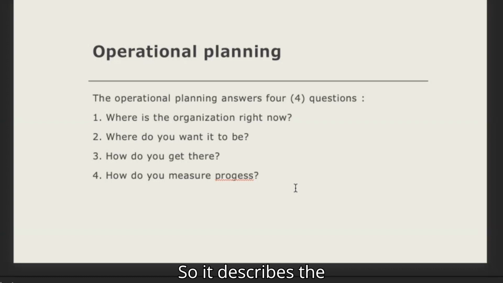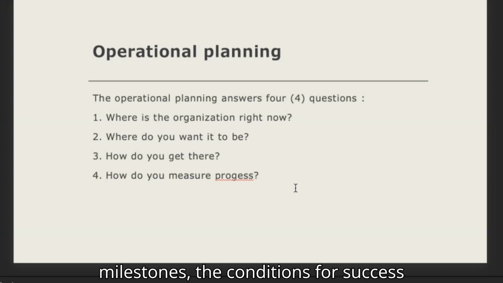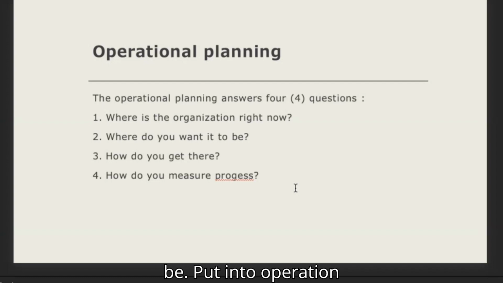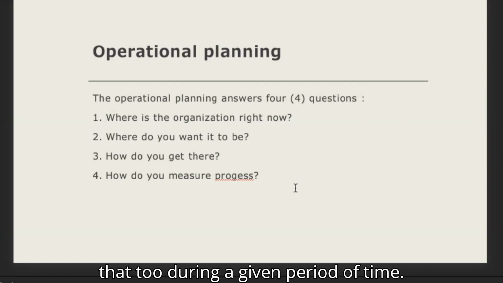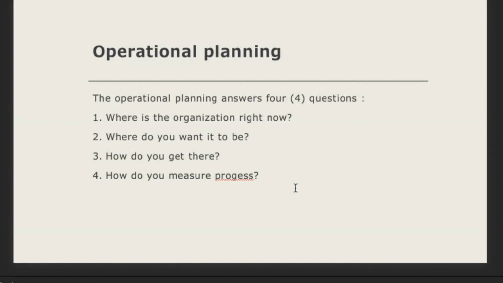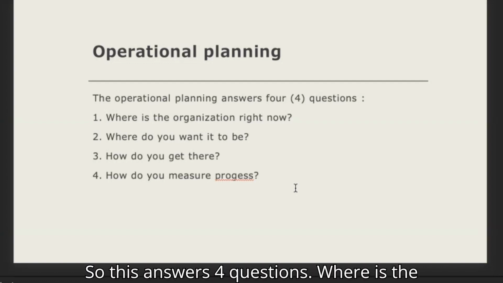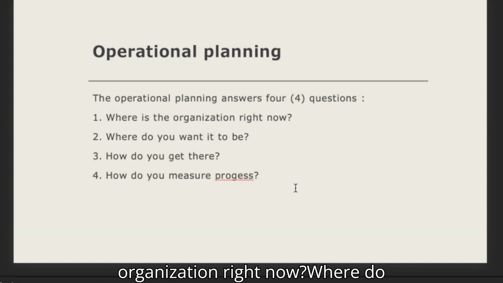It describes the milestones, the conditions for success, and explains how or what portion of a strategic plan will be put into operation, that too during a given period of time. So this answers four questions. Where is the organization right now? Where do you want it to be? How do you get there? And how do you measure the progress?